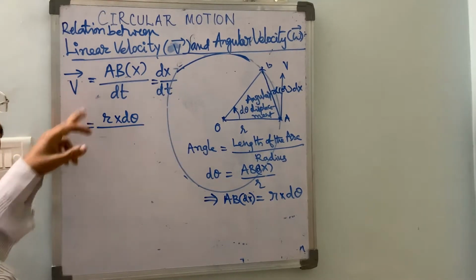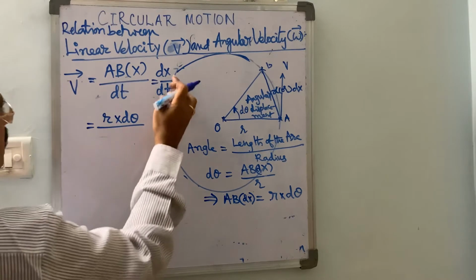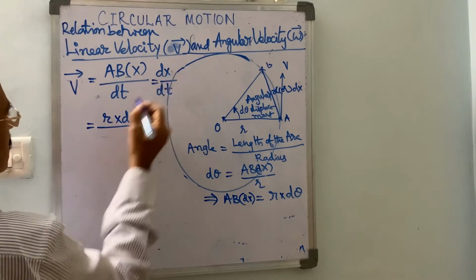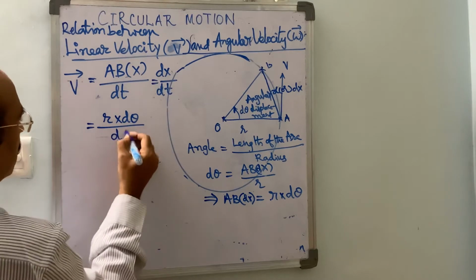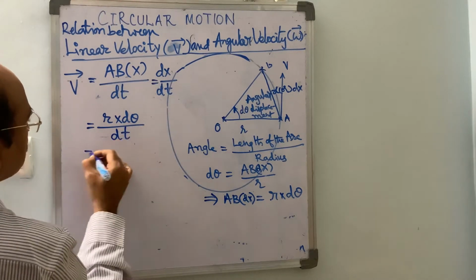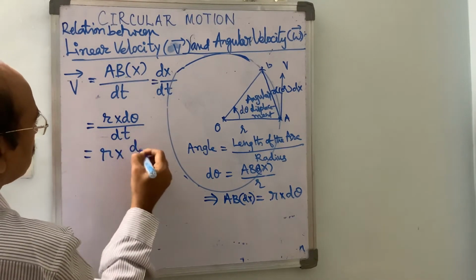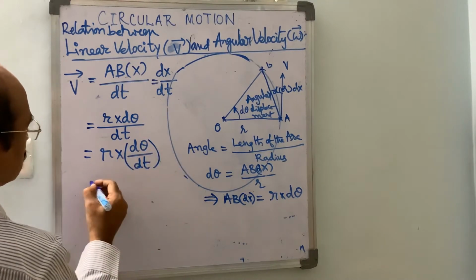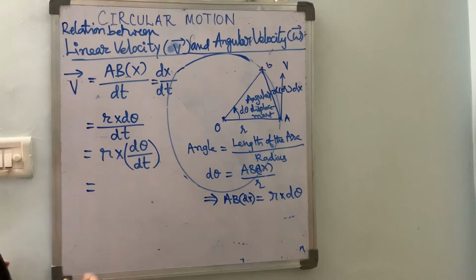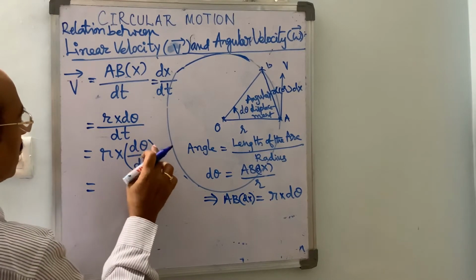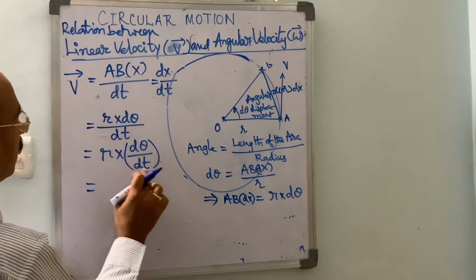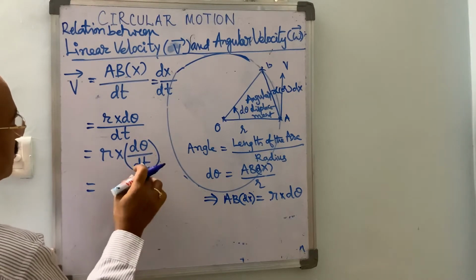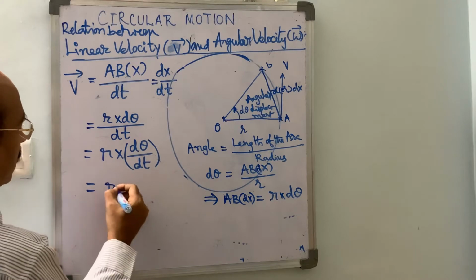So velocity is the rate of displacement, therefore displacement covered by time taken, that is dx or r d theta by dt, which we write as r into d theta by dt. So this is nothing but the angular displacement covered in time dt. Therefore angular displacement by time is nothing but angular velocity.